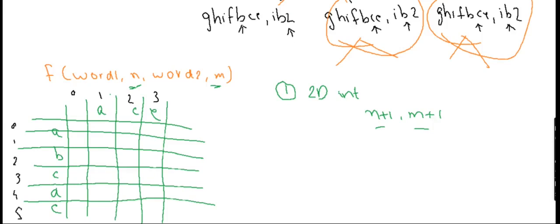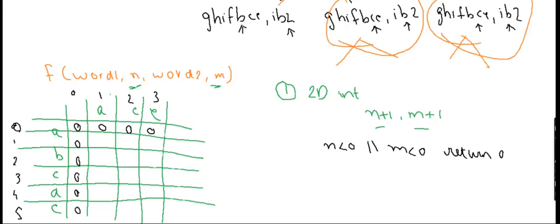Now we need to fill in the base case into our DP table. What was our base case? If n is less than 0 or m is less than 0, that means we don't have any character in the string and therefore the length of the longest common subsequence is 0. So we need to fill in that case. So here less than 0 is nothing but 0 because we cannot have a negative index. So if this n is 0, then the longest common subsequence is 0, and if m is 0, then also it's 0.